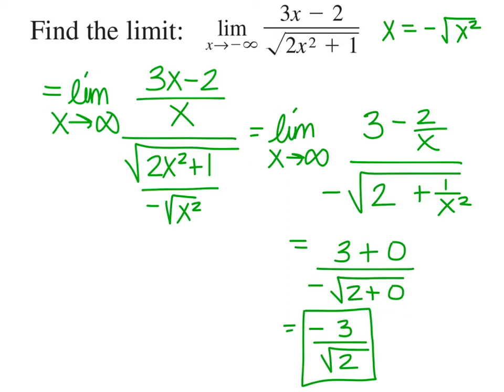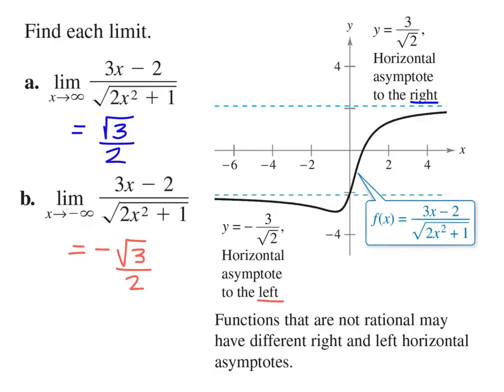And then when I simplify it, it's just the negative of our last answer as x approaches positive infinity, but when it approaches negative infinity, it just becomes the negative of that limit. So negative 3 all over the square root of 2. And graphically, here's why. The upper horizontal asymptote is at positive 3 over rad 2, and the lower one is at negative 3 over rad 2.